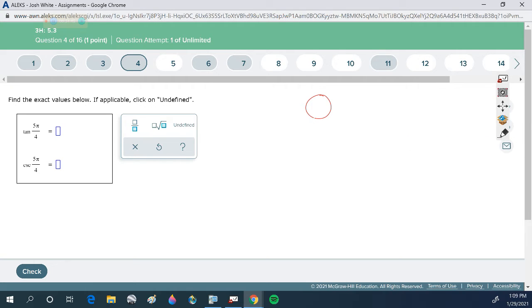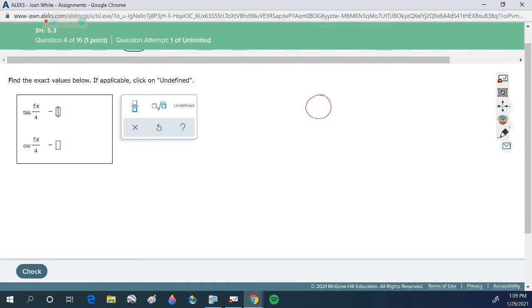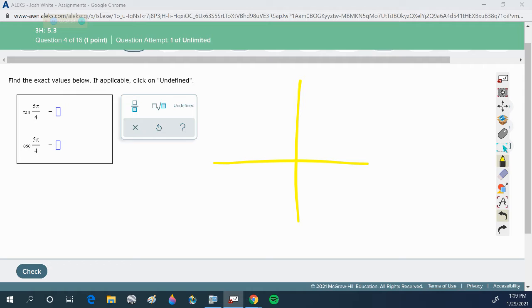Where is this angle? What quadrant is 5 pi over 4 in? It's in 3, and it's halfway in 3, right? So this point is negative root 2 over 2, comma, negative root 2 over 2.